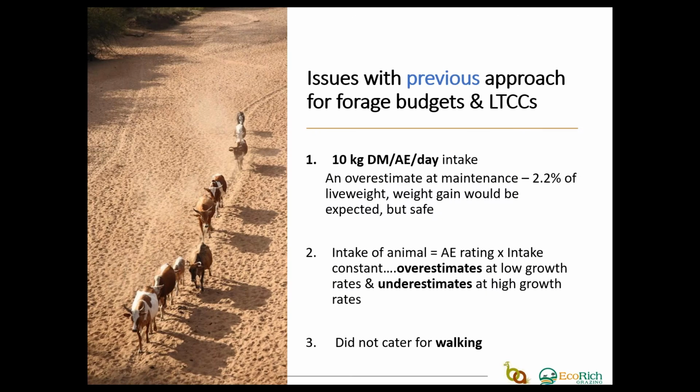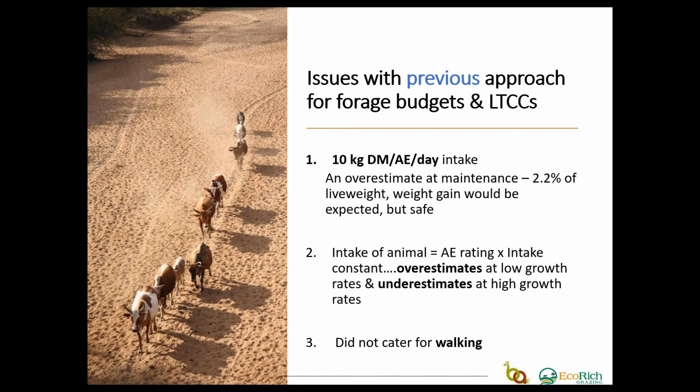So I just wanted to address some of the issues with the previous approach, the one we've been using in the edge materials for the last 20 years. As I mentioned a moment ago, we have an intake constant of 10 kilograms of dry matter per AE per day. That was what we assumed was the intake of an adult equivalent.